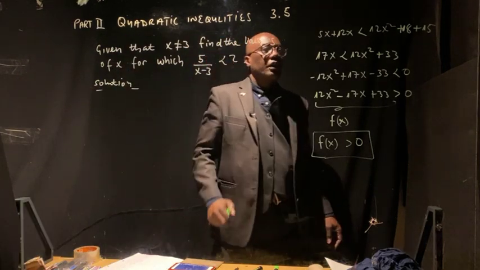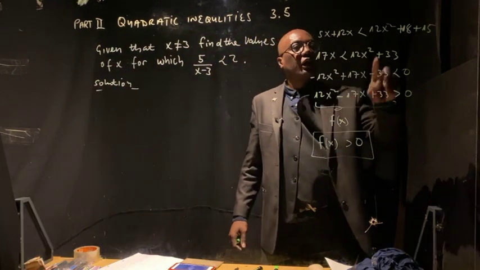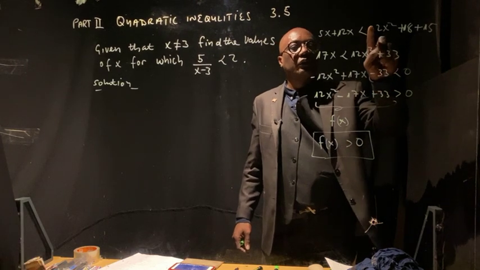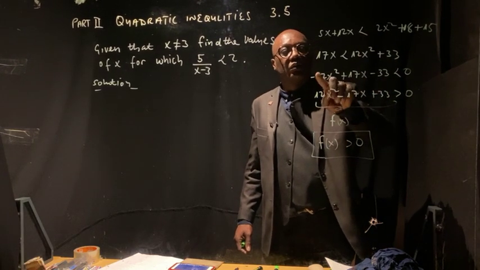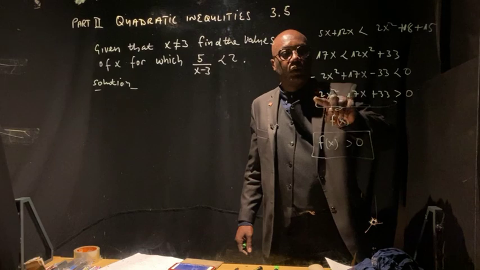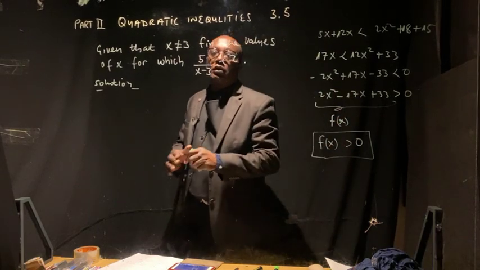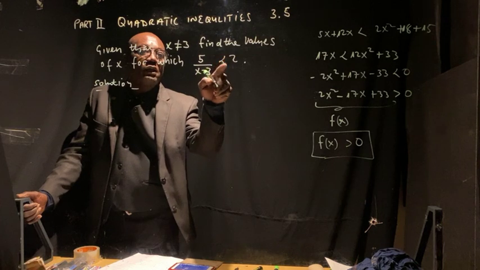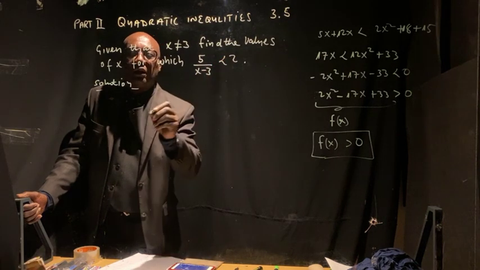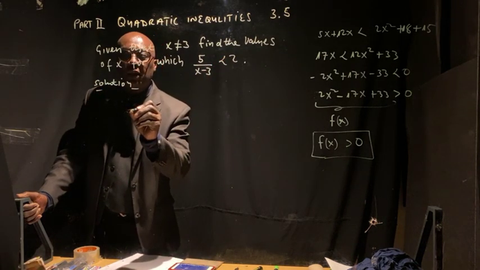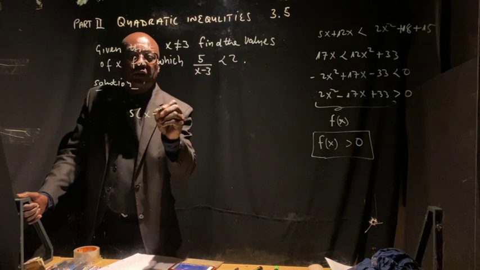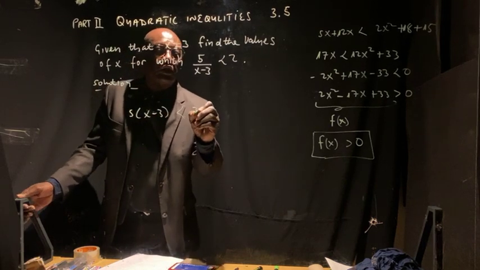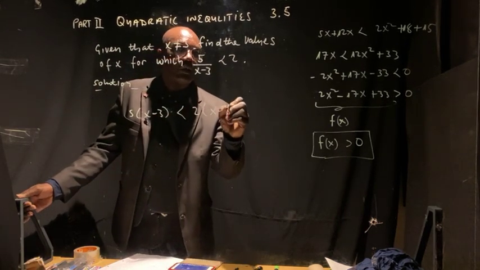I think there was a slight writing mistake over there. This one is not 12. Why? Because from here, we multiply both sides by x minus 3 raised to the power 2, and we came up with this 5 times x minus 3, and the other side 2 times x minus 3 squared.